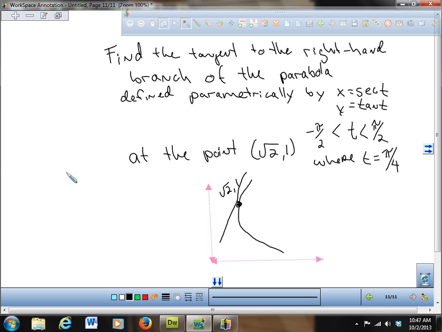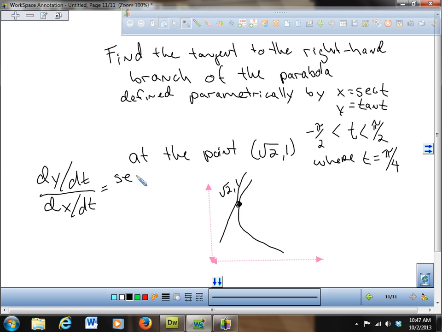The way you do that is you go dy dt over dx dt. What's the derivative of secant? Come on, what's the derivative of secant? Secant tangent, right?